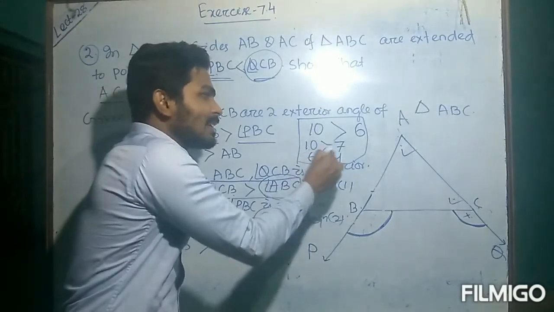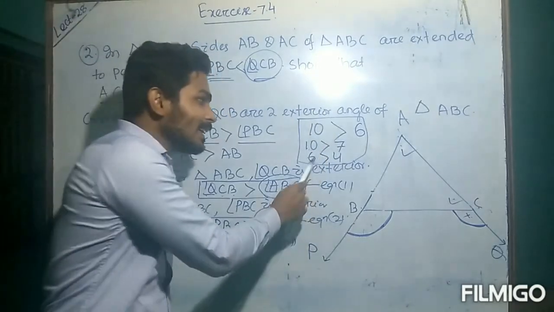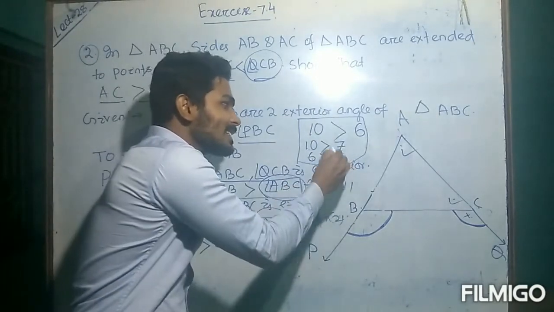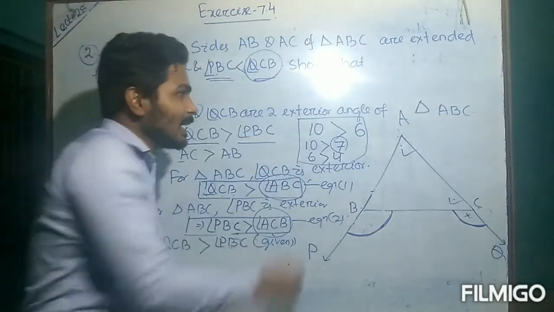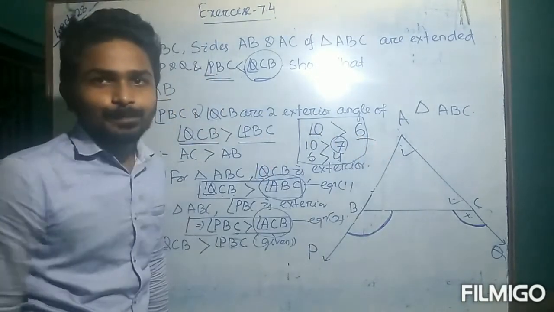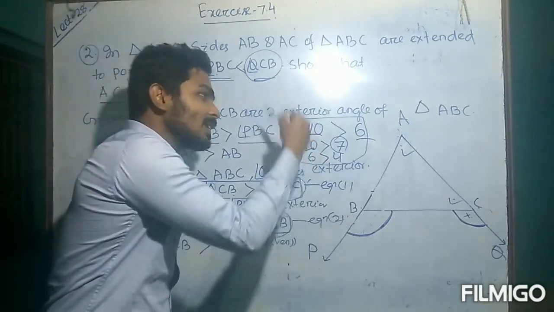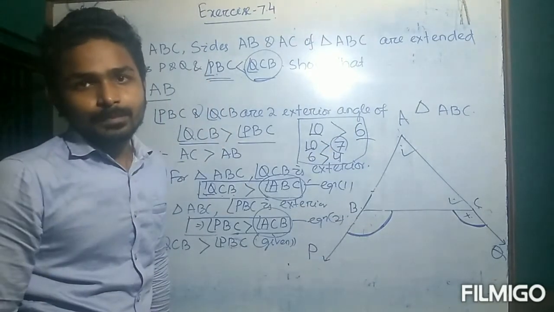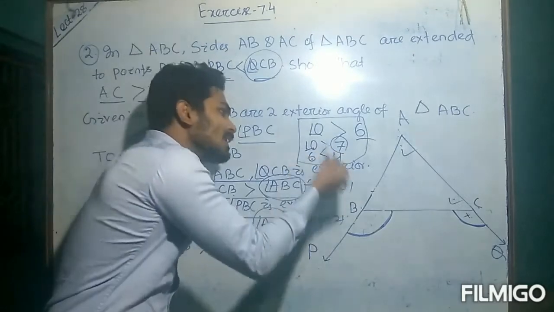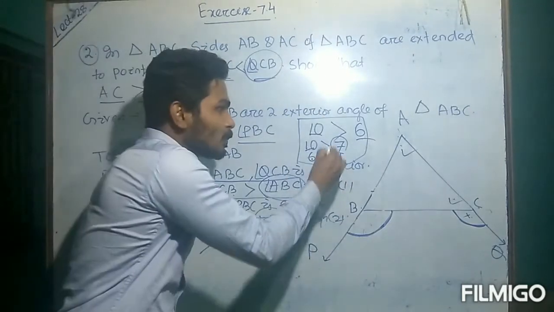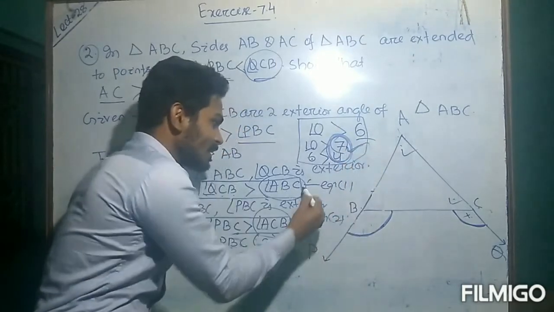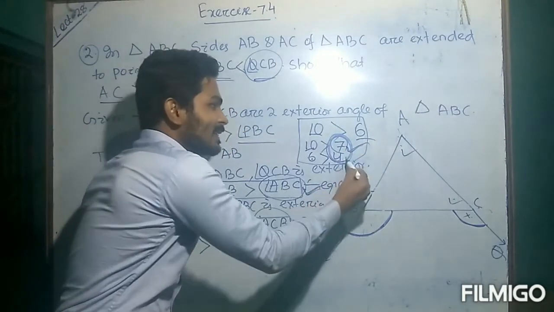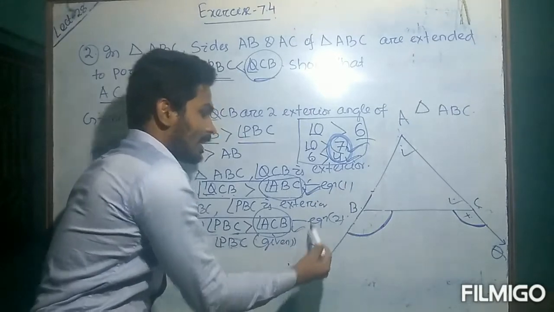See this: 10 is greater than 7, but 6 is greater than 4. That means here 7 is greater than 4. Yes, we can write it, because 10 is greater than 6, but 10 is greater than 7, and 6 is also greater than 4. That means these two parts, what is the relationship between them? This part is greater than this part.